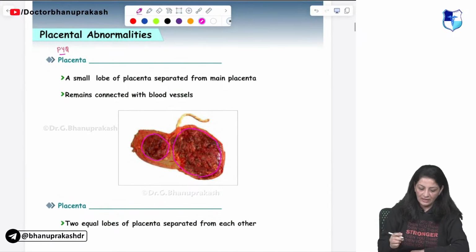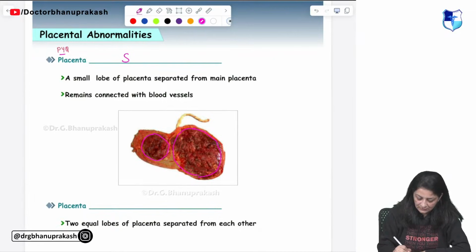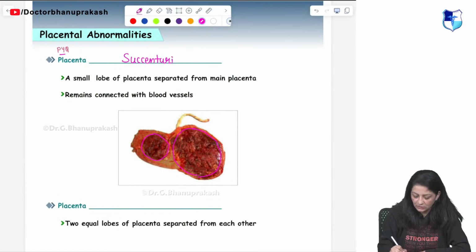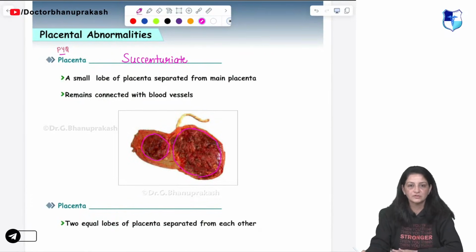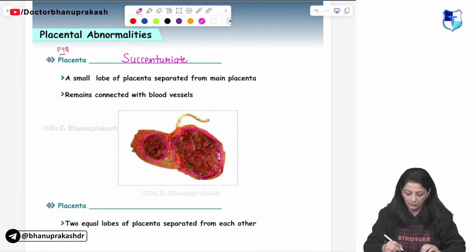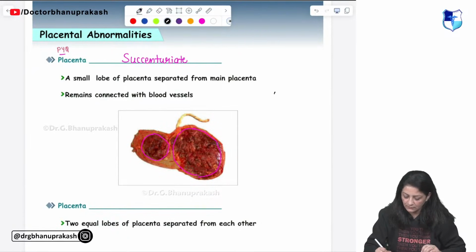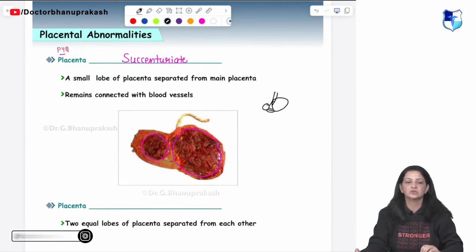So this is called accessory lobe, a small lobe and a big lobe connected with blood vessels. So this is an accessory placenta.